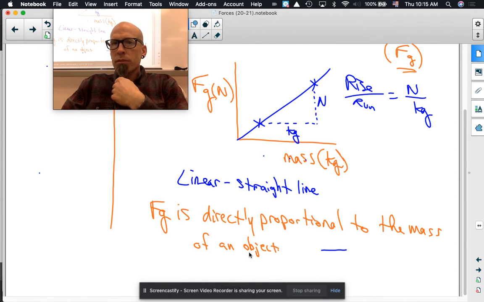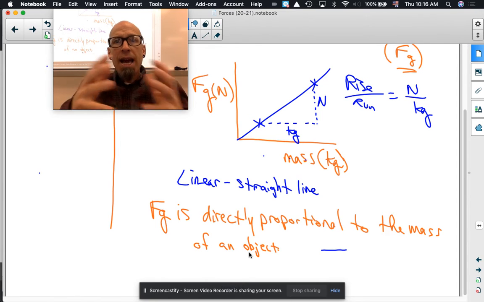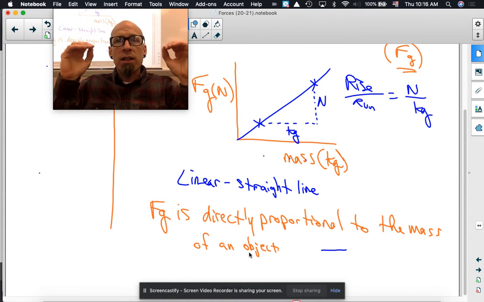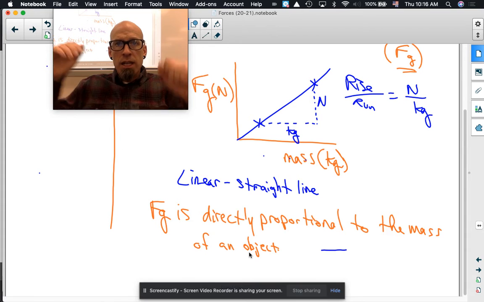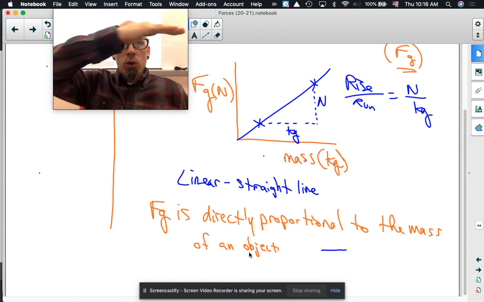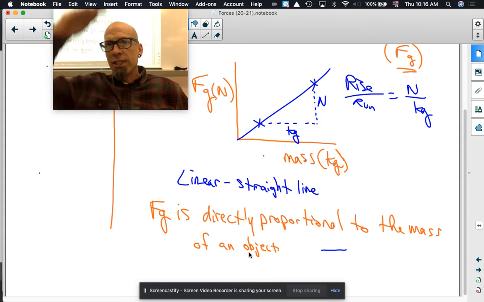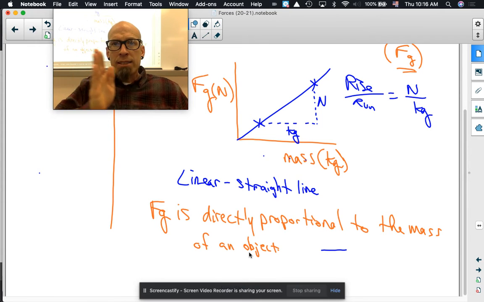object. Obviously, because the line has a slope at all, that means there is a relationship. If the line was horizontal on the graph, that would mean the gravity force is not changing at all as mass gets bigger. And that's not the case.